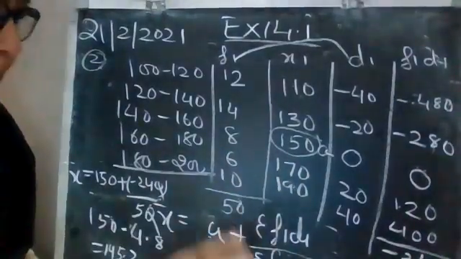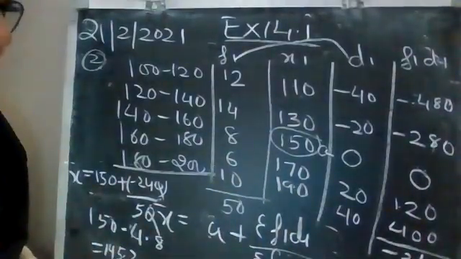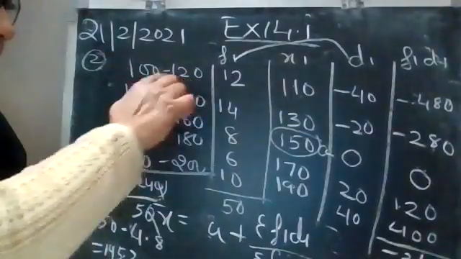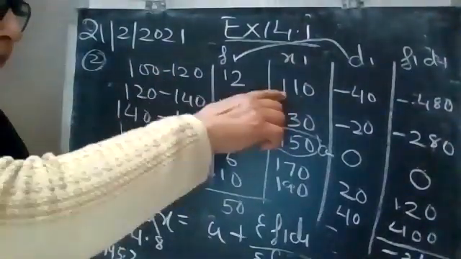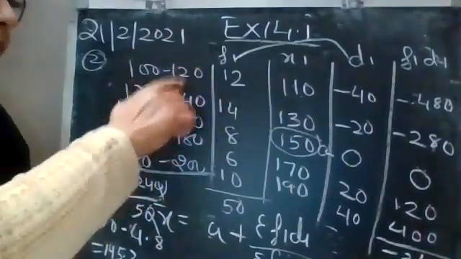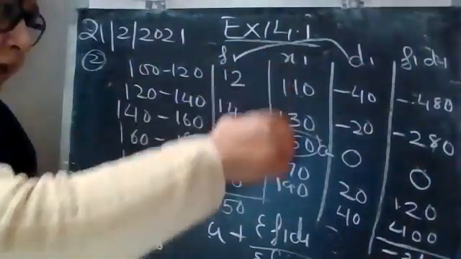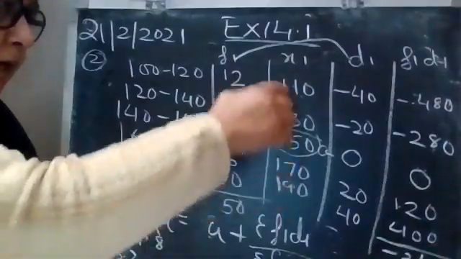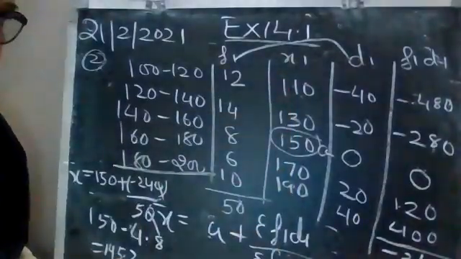It can also be taken out without calculating. If we see, the difference is 20, 20. First we calculate lower limit plus upper limit, add them and divide by 2, and for the next ones we can add 20, 20 and it comes without calculation.